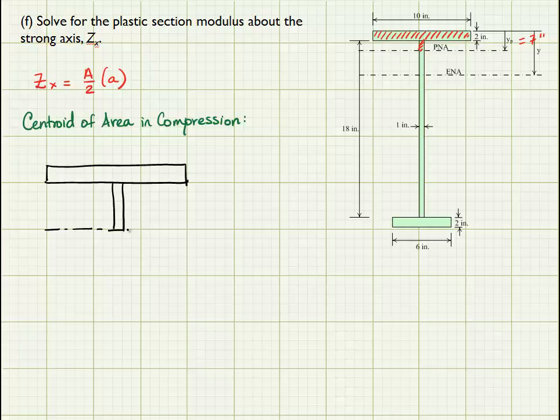And here's the plastic neutral axis. Top flange is 2 inches thick, 10 inches wide. The web is 1 inch thick, and the depth of the web to the plastic neutral axis is 7 inches minus 2 inches.